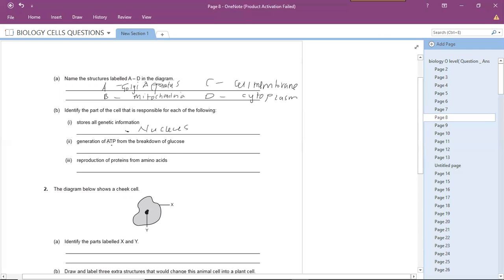The examiner will say ATP, adenosine triphosphate. Cellular respiration produces energy in the form of ATP. So generation of ATP from the breakdown of glucose, aerobic respiration that I just explained, happens in the mitochondria.